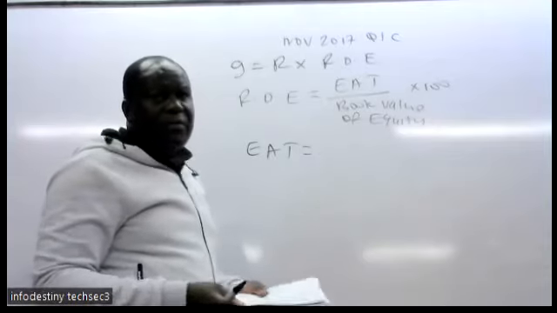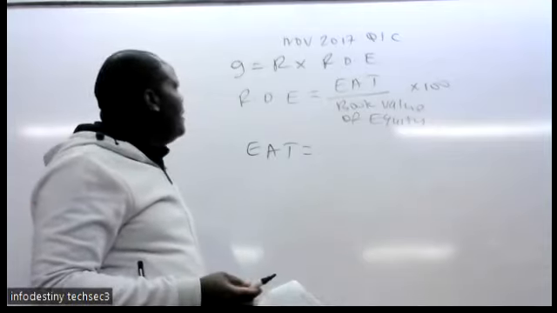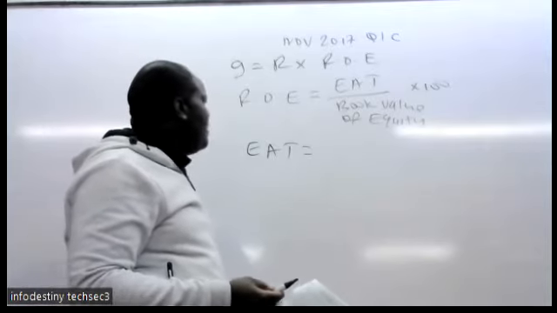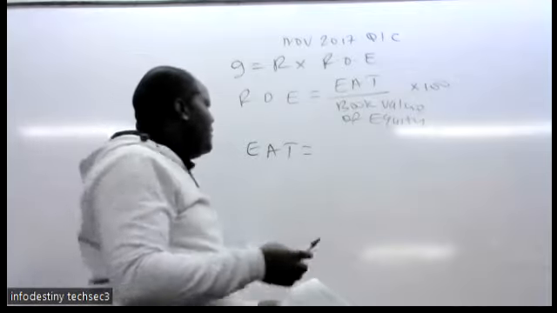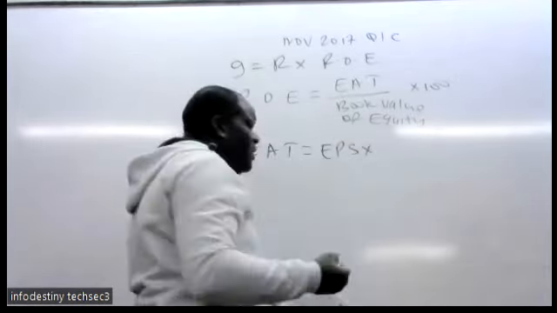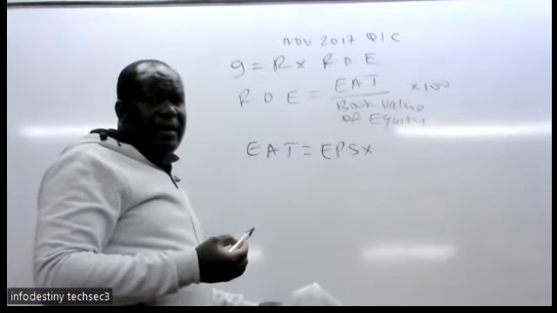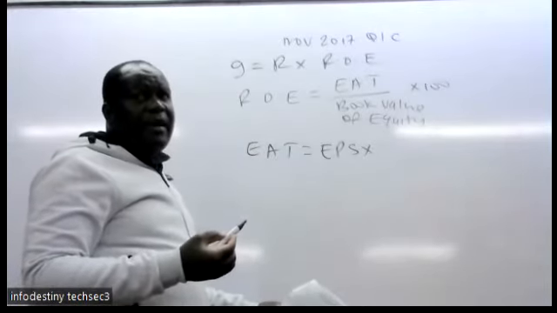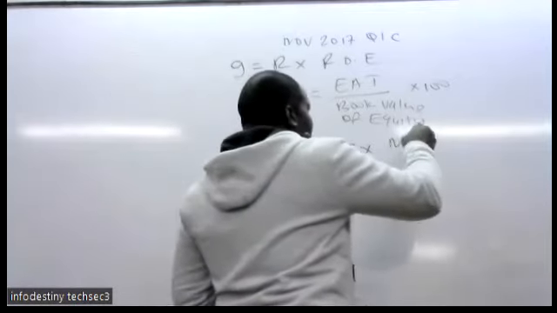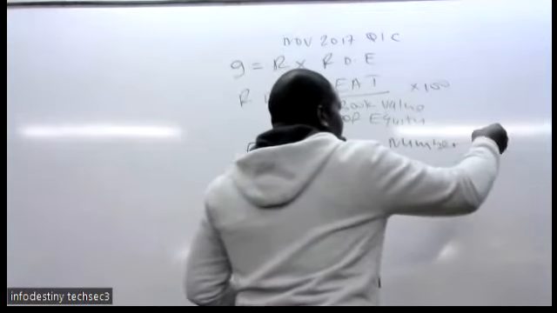So when you want to calculate the return on equity, we simply come up with the earnings per share multiplied by the number of ordinary shares.